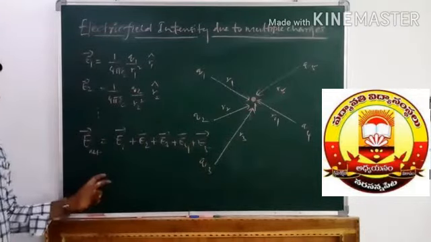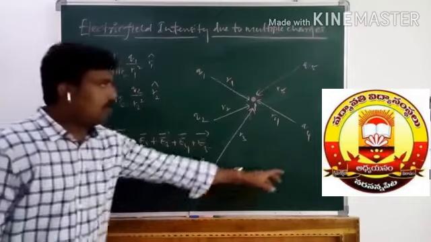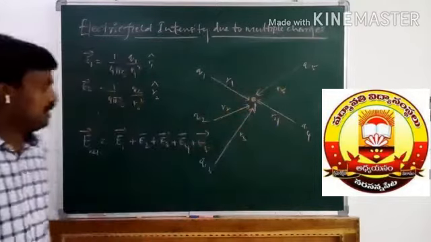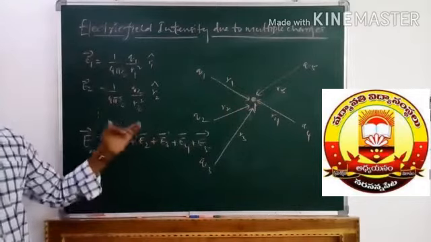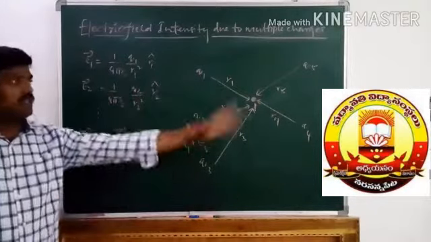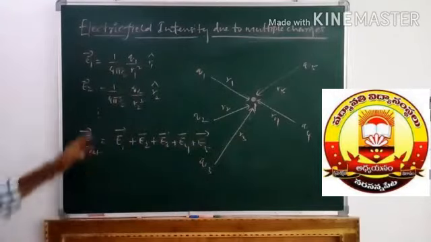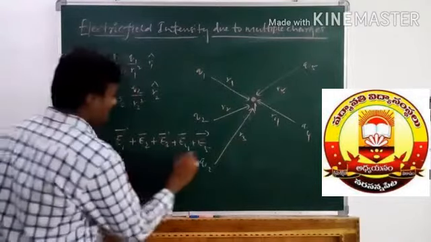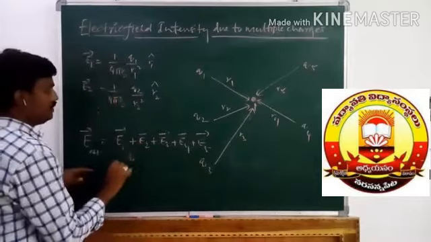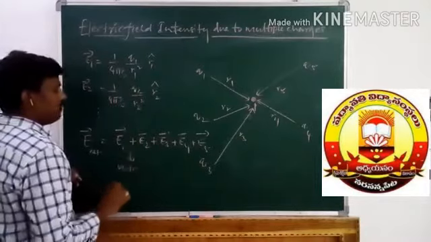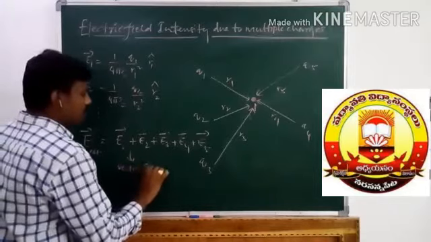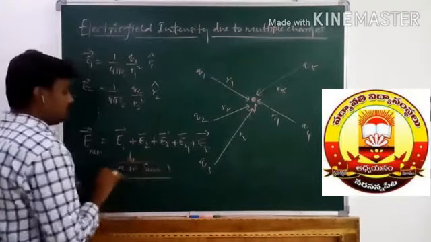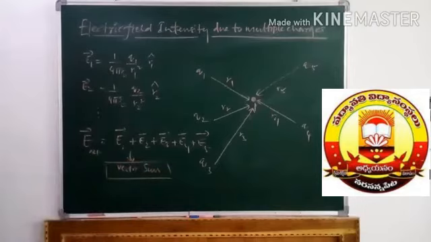The net electric field due to multiple charges is the vector sum of the individual electric field intensities due to the individual charges. This formula is important, and you have to remember that this is a vector sum.